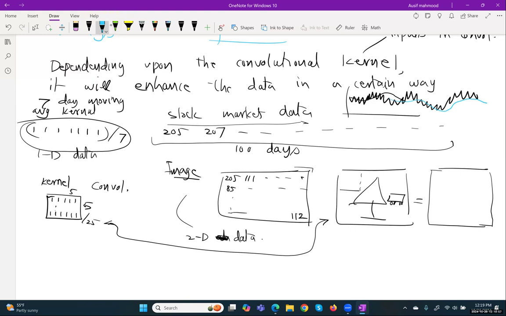Same way over here, isn't this also going to remove noise from the image? If there's a sharp change, like a daily change, what does the 1-1-1 type of convolution do? It removes that change. So in images, suppose this image was given to you and you applied this kernel.